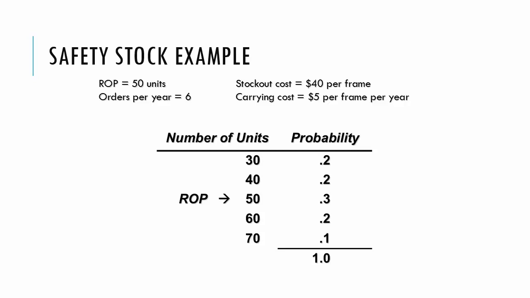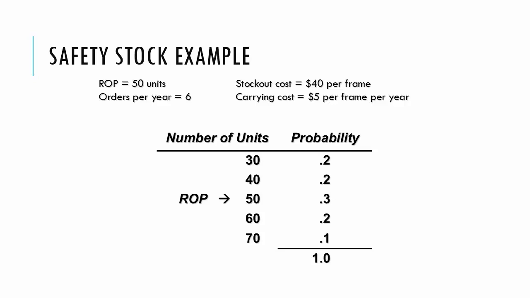Well, at the current reorder point of 50, how would we ever stock out? Well, we could stock out 30% of the time, 20% being if demand for 60 shows up during lead time, and the remaining 10% is if 70 show up. How many short would we be for the 60 showing up?